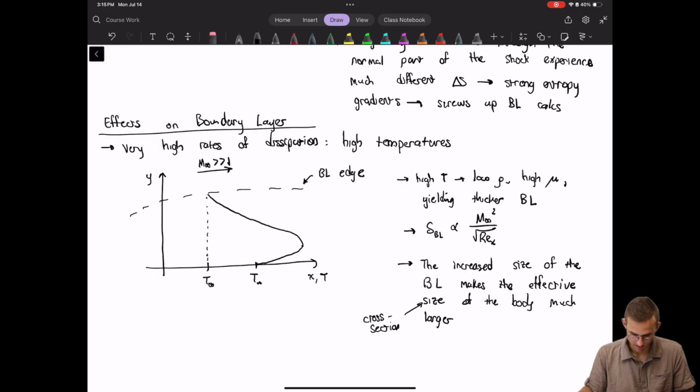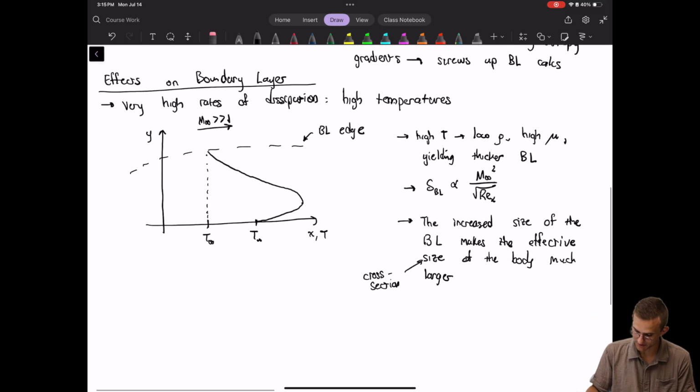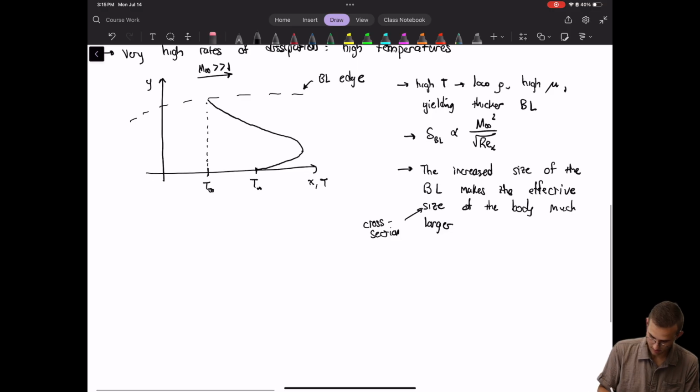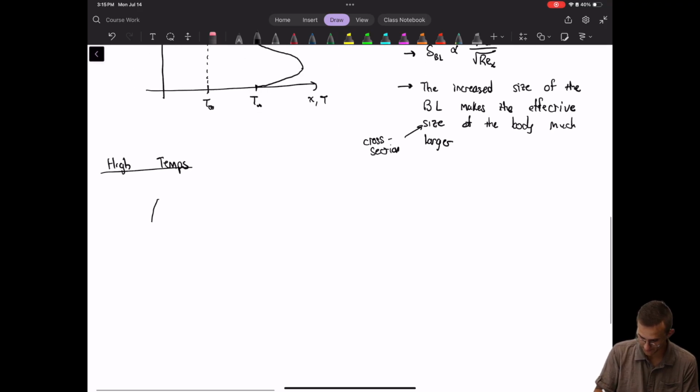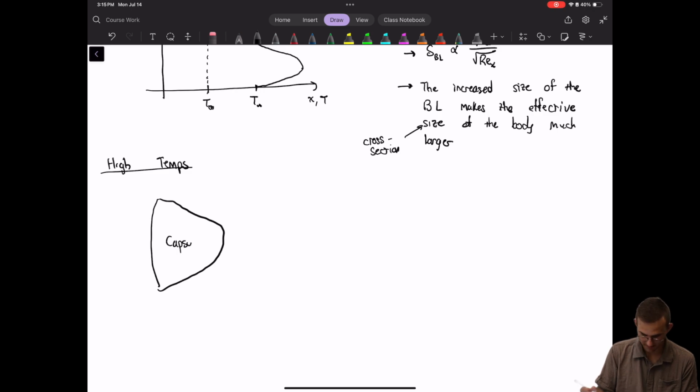Okay. What else can we say about high temperatures? Well, let's look at the capsule scenario. Imagine you have a capsule that's re-entering. I'll label that since it's not very clean. Then you have this normal shock that's forming in front of the capsule. It's actually very closely detached.